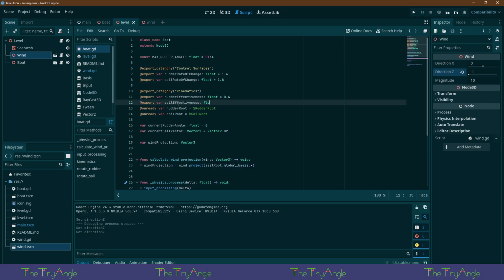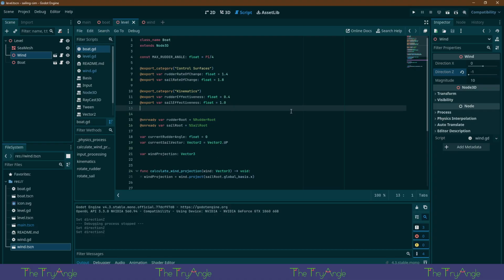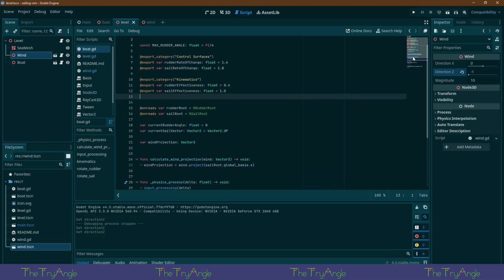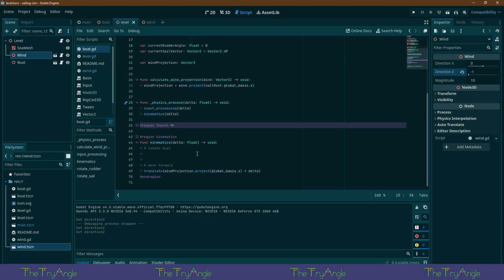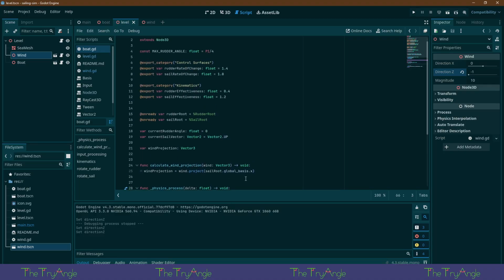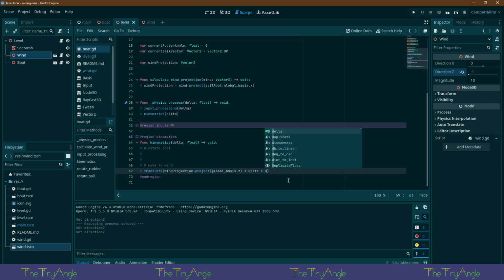I feel like there's got to be sails that are very advanced. I don't know what they would look like, but I'd like to think that's a real life thing. So let's do that, and we'll multiply that by our sail effectiveness.